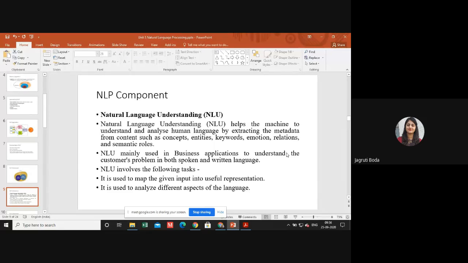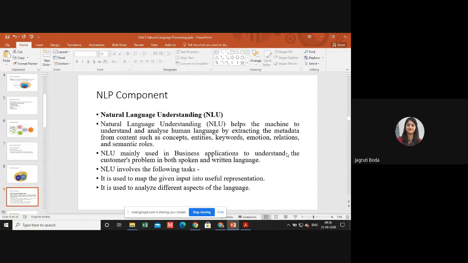So it tokenizes the sentence into different small tokens, meaning it understands the meaning of each word in your sentence. This is your natural language understanding. So the task is to turn the given input into a useful representation, meaning it understands the query or the question of your problem.